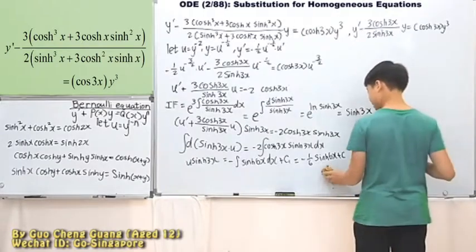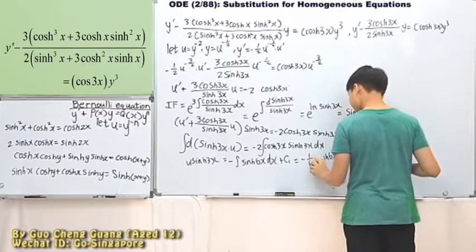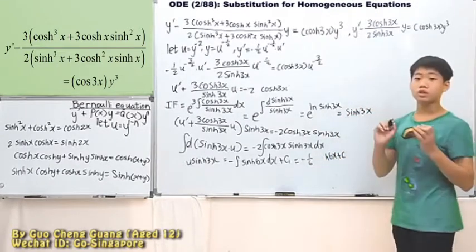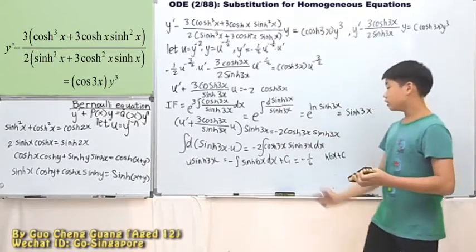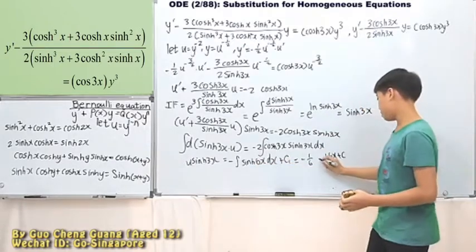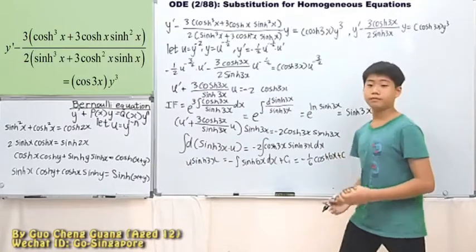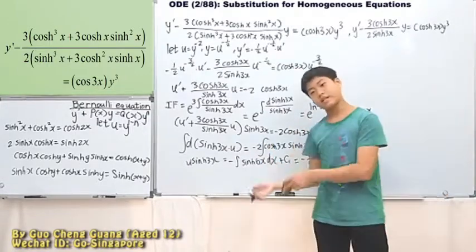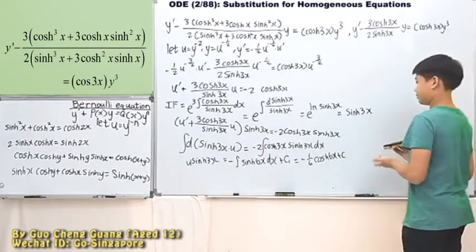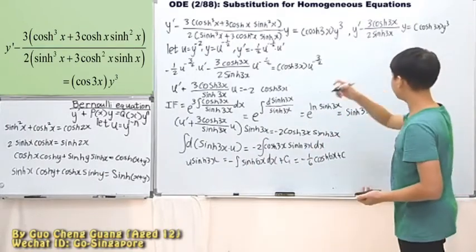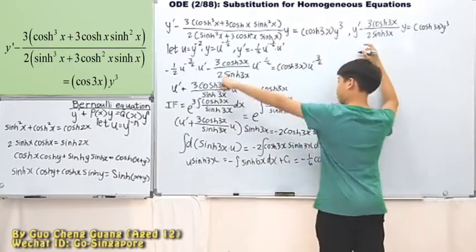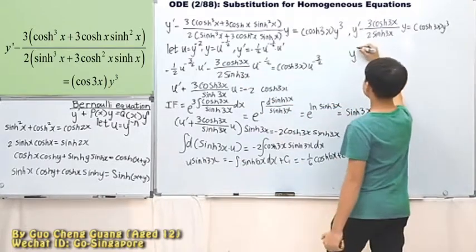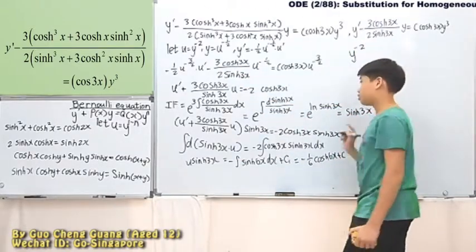Wait, and this part, sine, is something similar to those of the trigonometry. Hyperbolic sine becomes hyperbolic cosine. So same thing, hyperbolic cosine becomes hyperbolic sine. Okay, so next part, u. Now what was u at first? Okay, u is y to the power of -2.